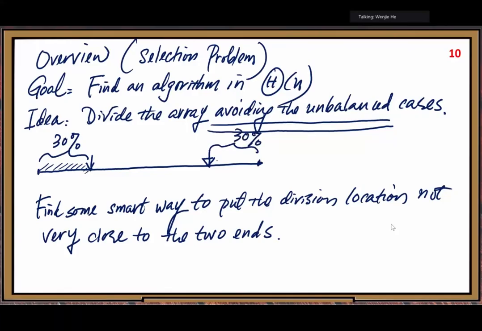So avoid 30% of the elements in the left end and 30% of the elements in the right end. So the division position is in the 40% around the middle position. Okay?